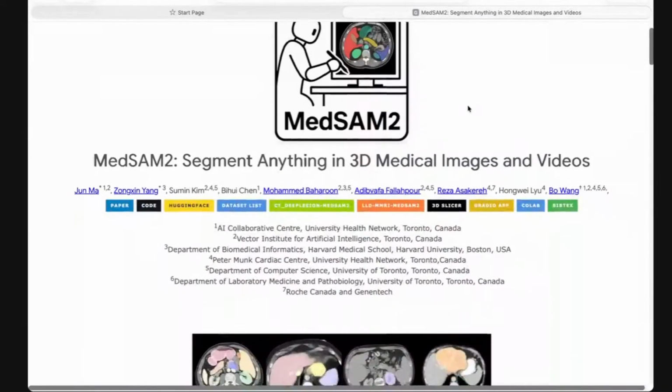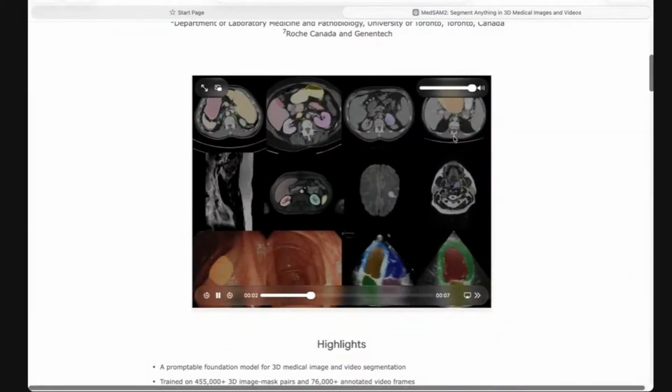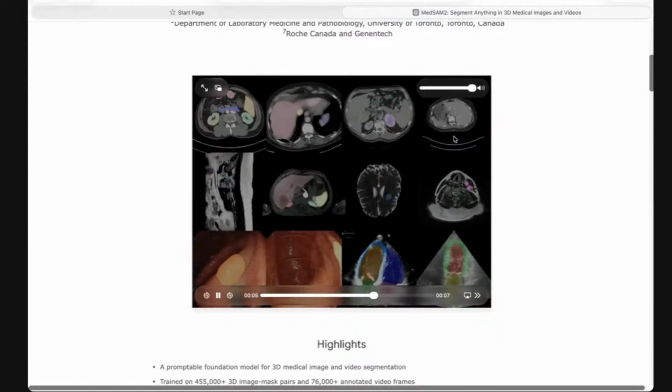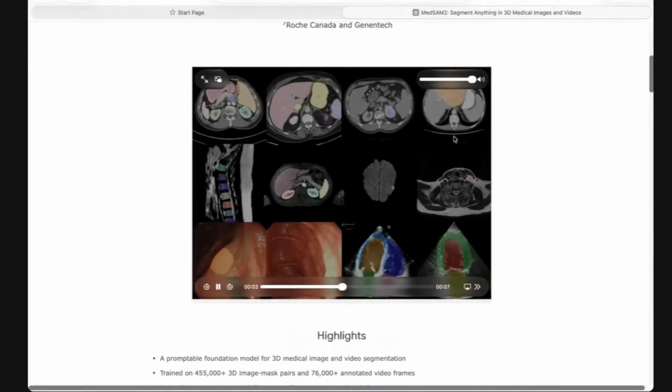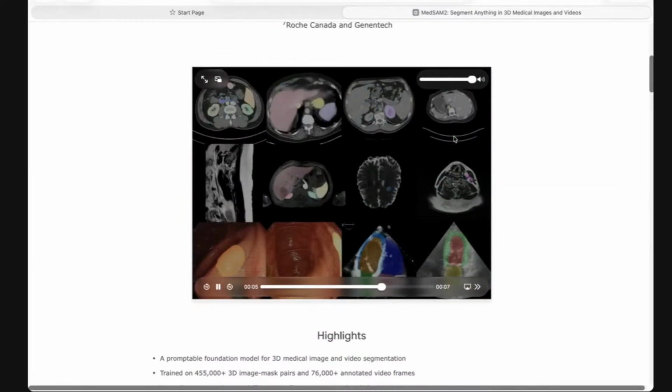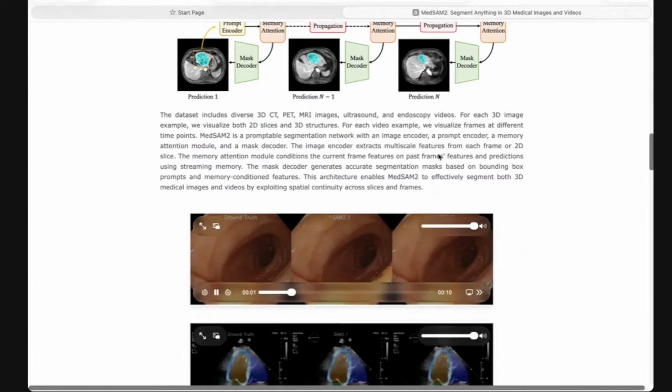It is freely available, and you can check it. From this figure itself you notice that a lot of data was segmented by using MedSAM 2, trained using the medical image data set instead of the normal data set.